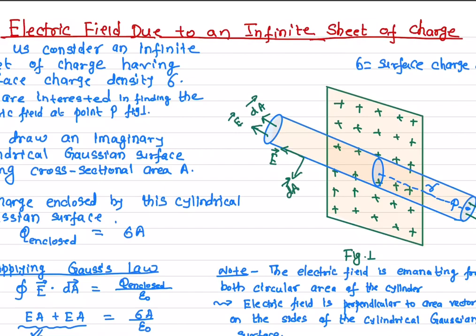You can choose any sort of Gaussian surface, but to make the integration easier, we're going to choose a Gaussian surface in the form of a cylinder. Remember, this is an imaginary Gaussian surface.